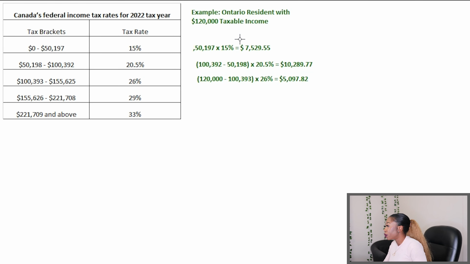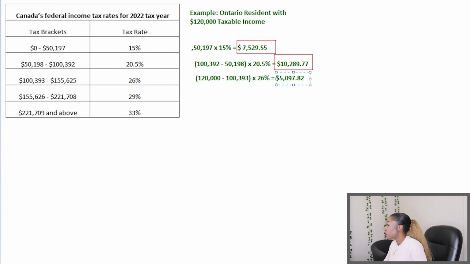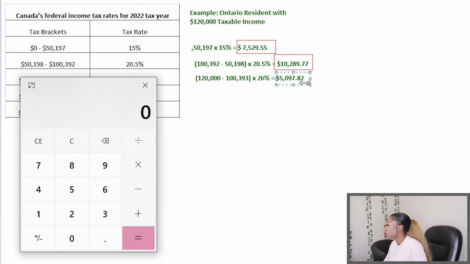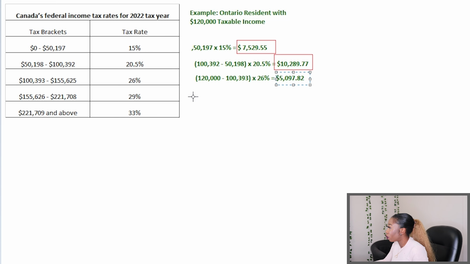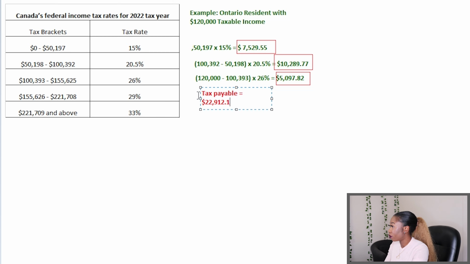The total tax payable for this person would now be the summation of all these three taxes at different tax brackets. So that would be 7,592.55 plus 10,289.77 plus 5,092.82. That would be 22,912.14. So total tax payable here would be $22,912.14.